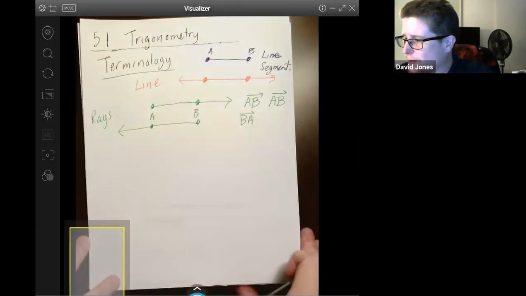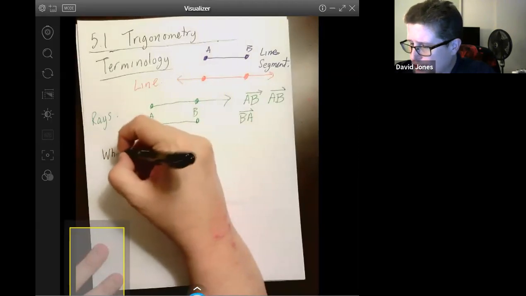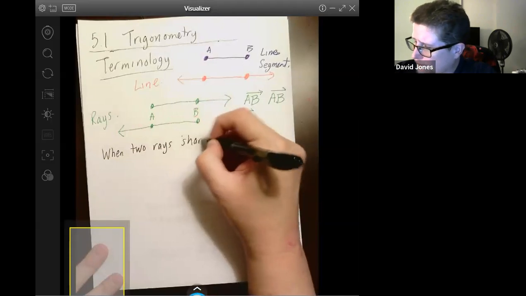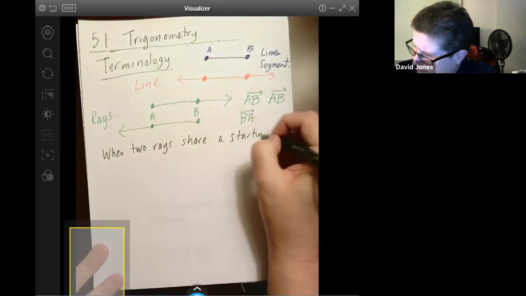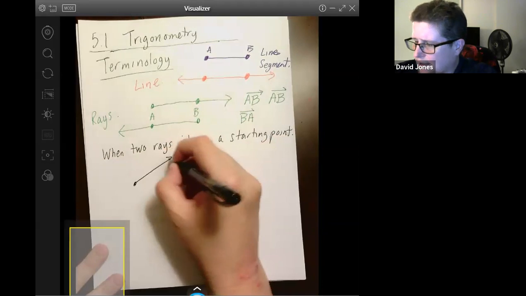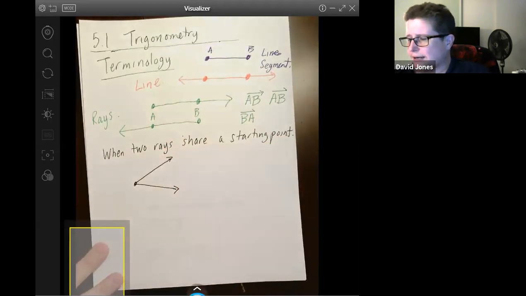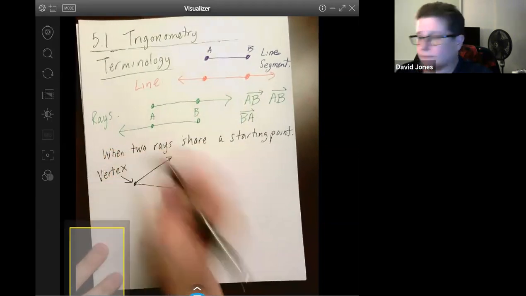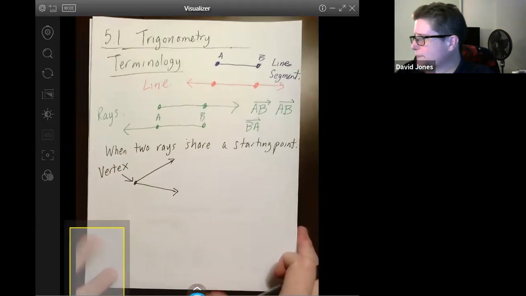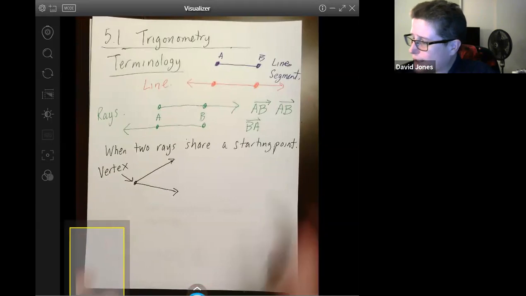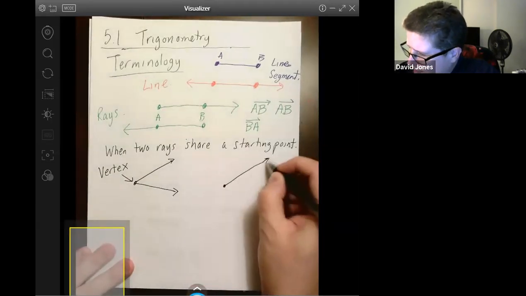Sometimes, and this is where a lot of trigonometry comes in, when 2 rays share a starting point, this point right here is called the vertex. And if we look at this as going, let me draw it twice, because I'm going to draw 2 different things.